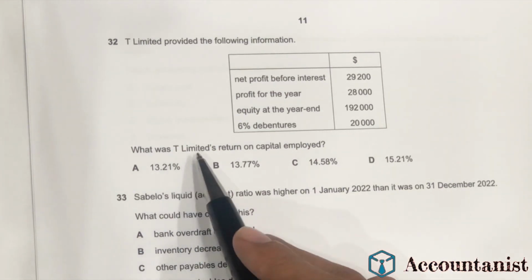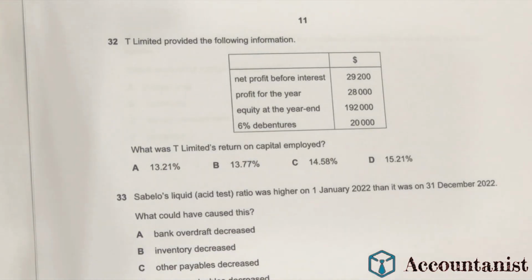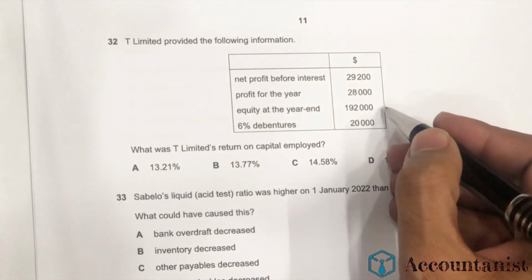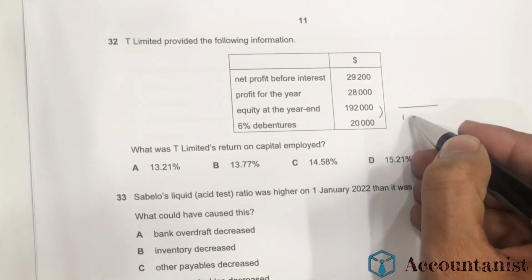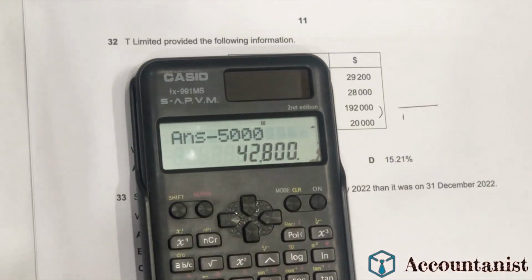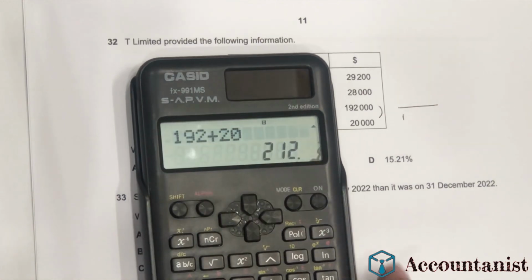So what was the T Limited return on capital employed? It is the equity plus non-current liability which gives me the figure of capital employed. So the capital employed, by adding both of these two, means 192 plus 20,000, which gives me 212,000.